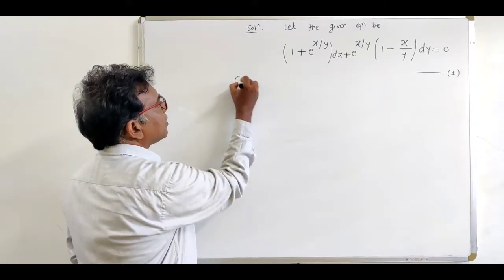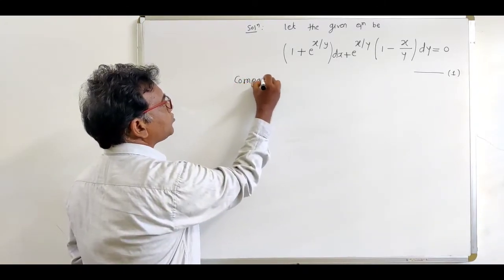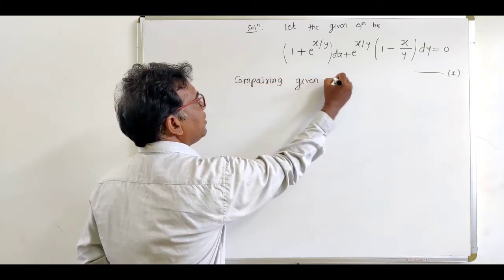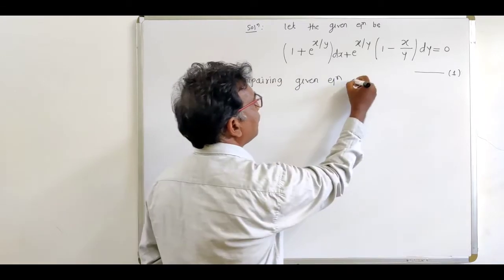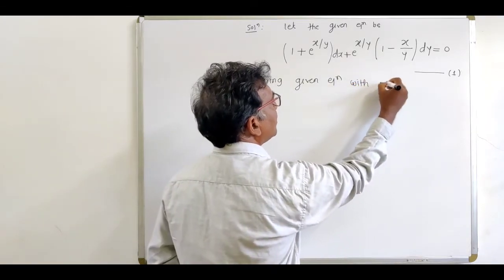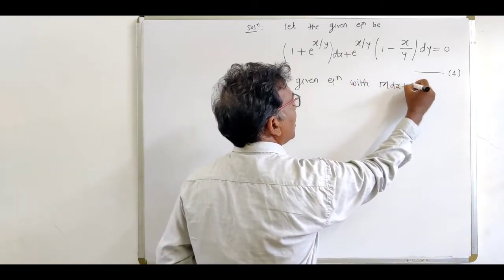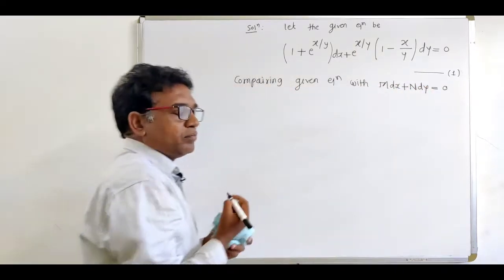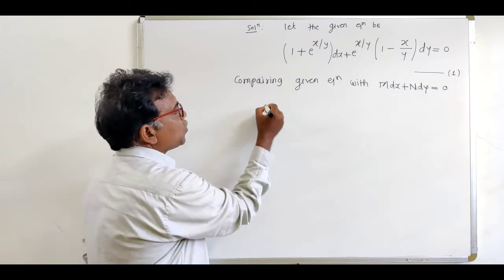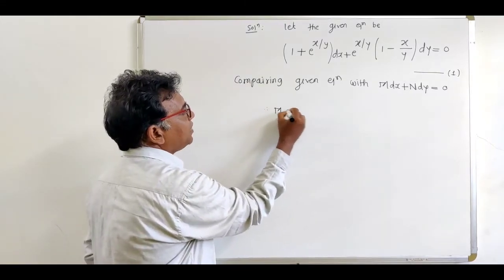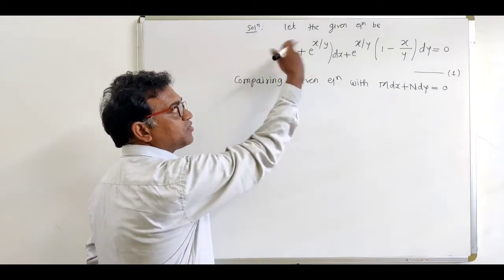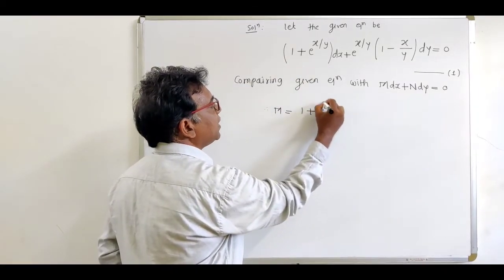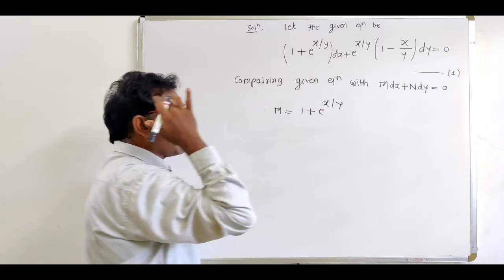So right here, comparing the given equation with the standard form M dx plus N dy equal to 0. So what is M? M means the coefficient of dx. So this is our M: 1 plus e raised to x upon y.